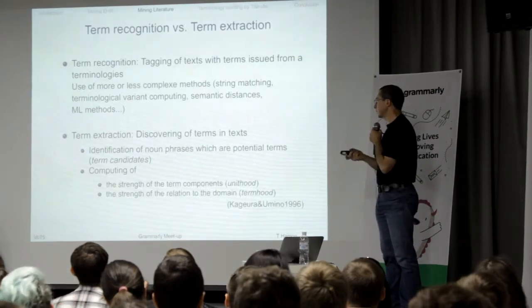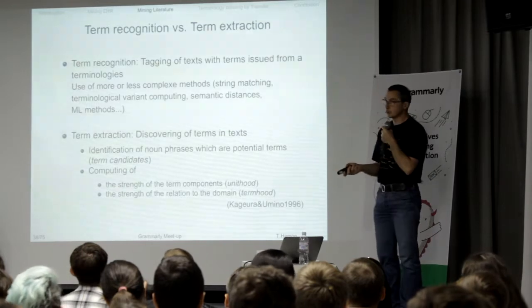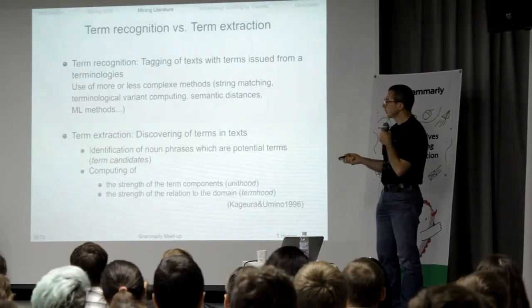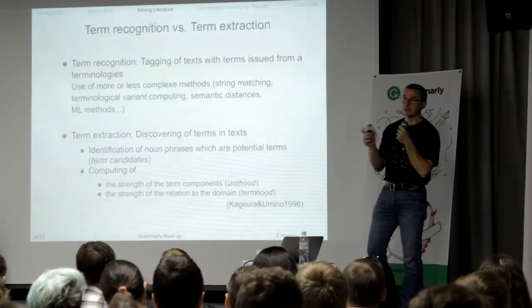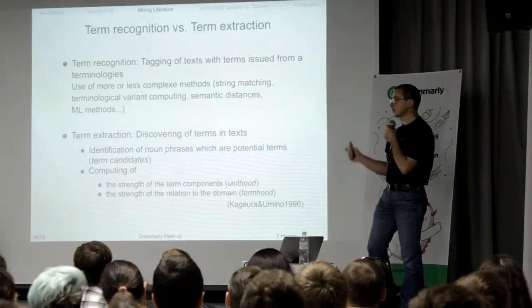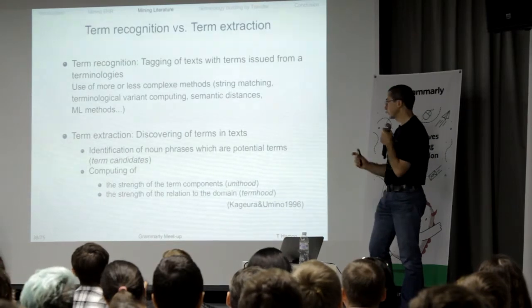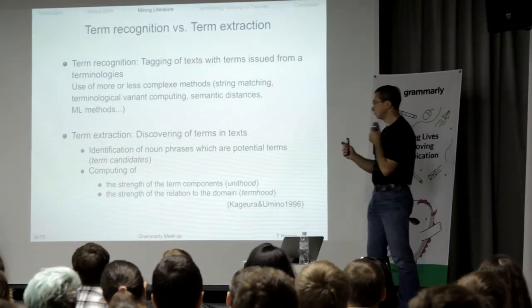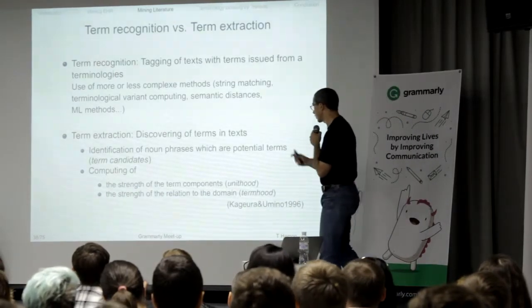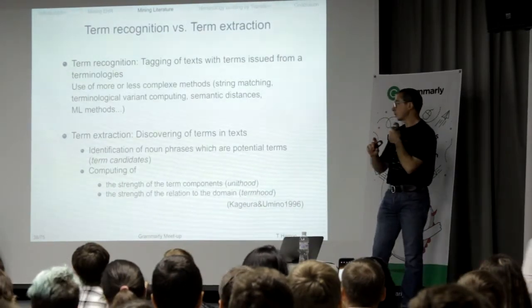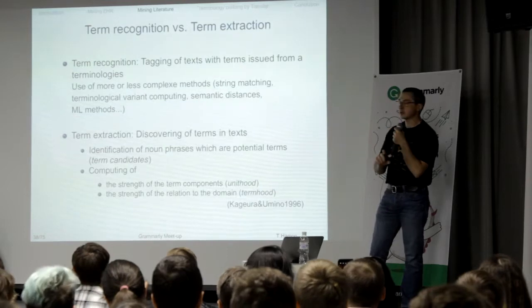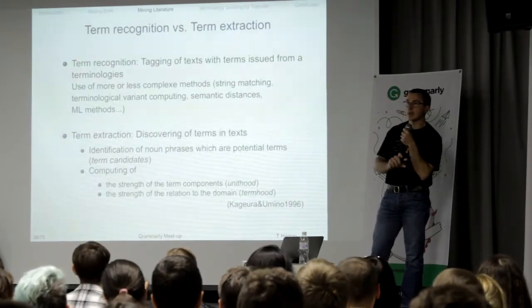And so we need to compute two things. The unithood, which can be defined as the strength between the components of a term when there are several words, and also the termhood, which can be defined as the strength of the relation between the term and the domain.